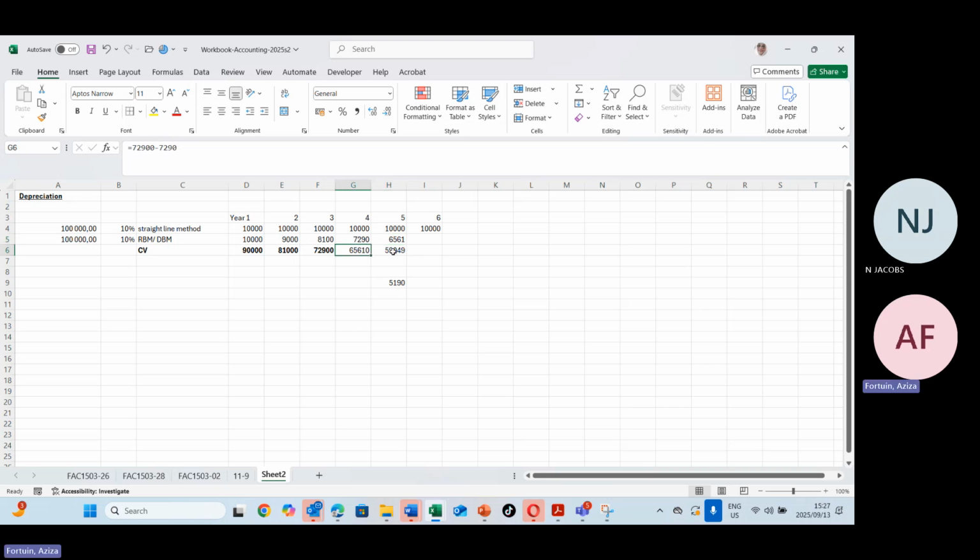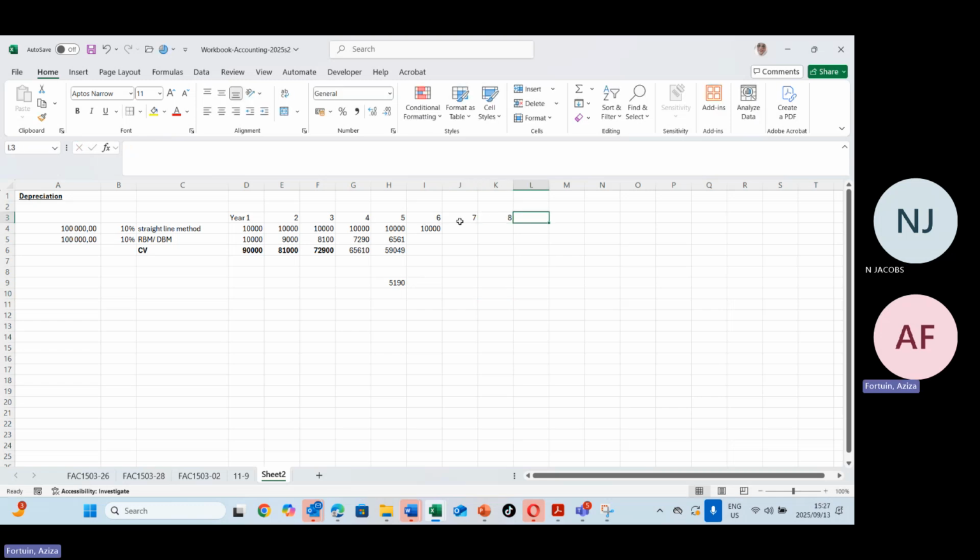We're at the bottom because you are doing it on carrying value. So you say carrying value times 10%. Can you see? Carrying value times 10%. Now I get my carrying value, I got 65. Then I say the carrying value minus 6,561 is my new carrying value. Now I continue.